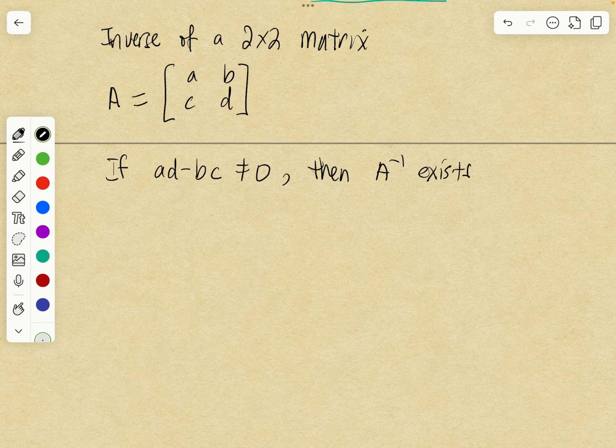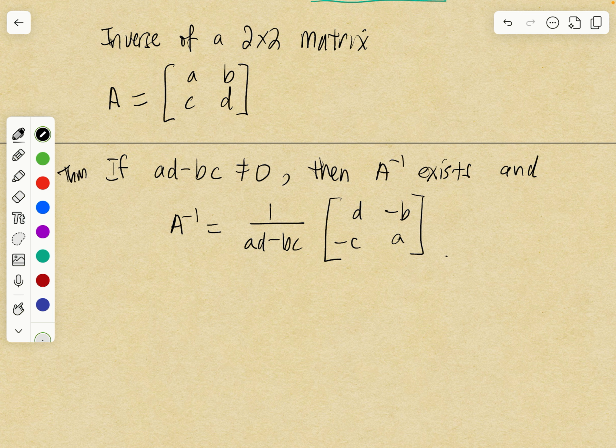In other words, A is invertible, and A inverse is 1 over AD minus BC times the matrix D, negative B, negative C, A. Okay. So that's the theorem. So this is definitely, again, worth memorizing.